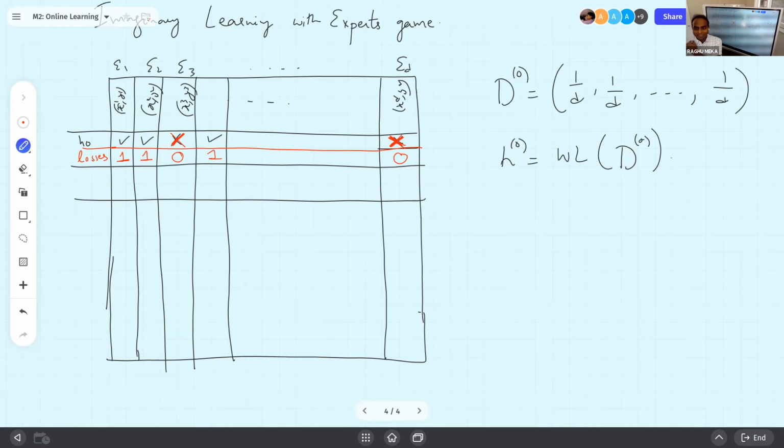What would the result of this be? The multiplicative weights algorithm will bump up the weights of things that you have no losses on. So it will bump up the weights of things that you are wrong on.